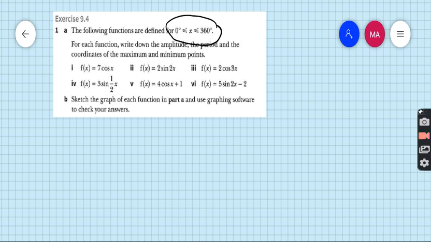The question was, you can see on the screen, the following functions are defined for x from 0 degree to 360 degree. So this is the domain of a function.